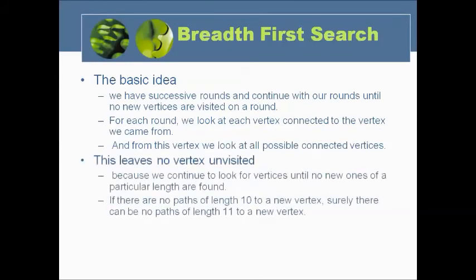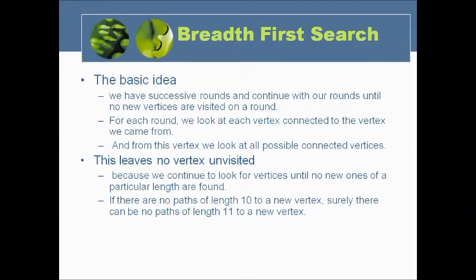The basic idea, we have successive rounds and continue with our rounds until no new vertices are visited on a round. So for each round, we look at every vertex connected to the vertex we came from, and from this vertex, we look at all the possible connected vertices.